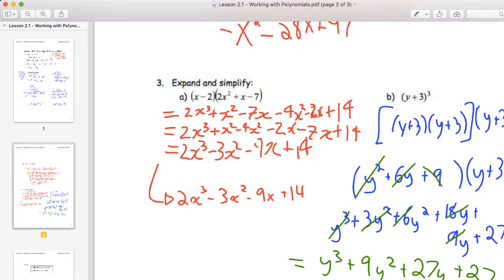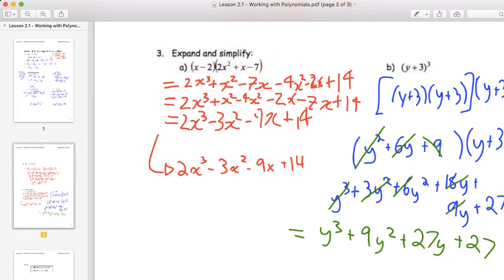And let's just organize them so that all of our common terms are together, right? So once that's been organized and reduced, we get a final answer of 2x cubed minus 3x squared minus 9x plus 14.